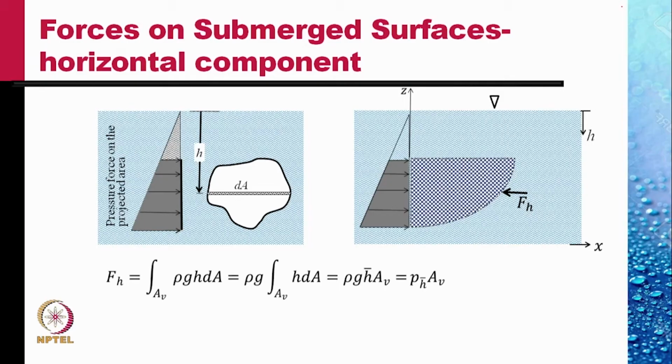This is then the relation for the horizontal force: the pressure at the centroid of the projected area multiplied by the projected area of the surface.